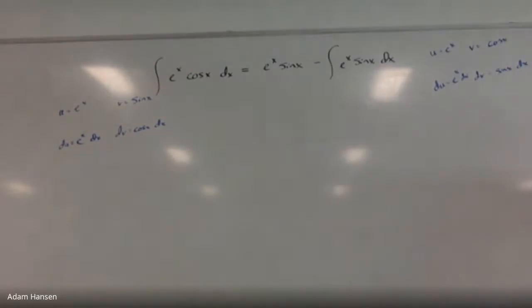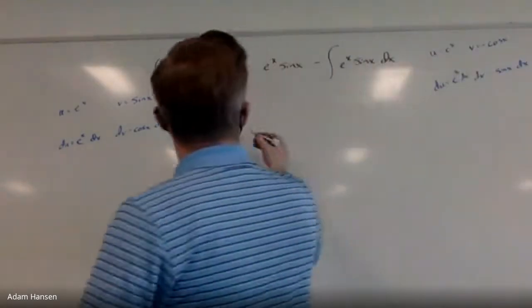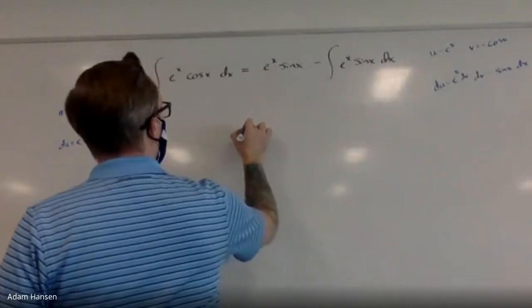The derivative of cosine is negative sine. I want it to be positive sine, so that's where the other negative comes in. Another integration by parts. Really got to watch these signs.